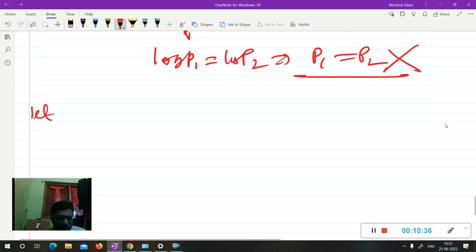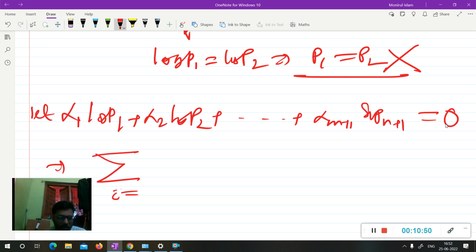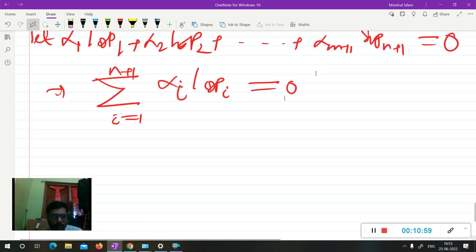We take a scalar combination: alpha 1 log p1 plus alpha 2 log p2 plus up to alpha n plus 1 log p(n+1) equal to 0. You can write this as the summation for i equal to 1 to n plus 1 of alpha i log pi equal to 0. By a property of log, you can take alpha i up as the power of pi.